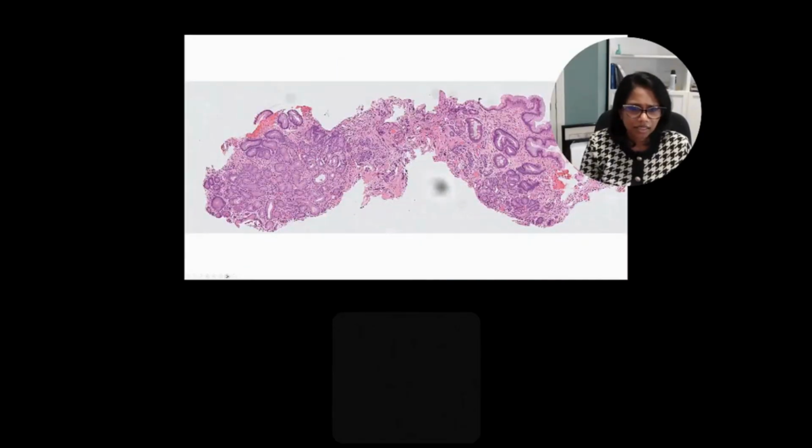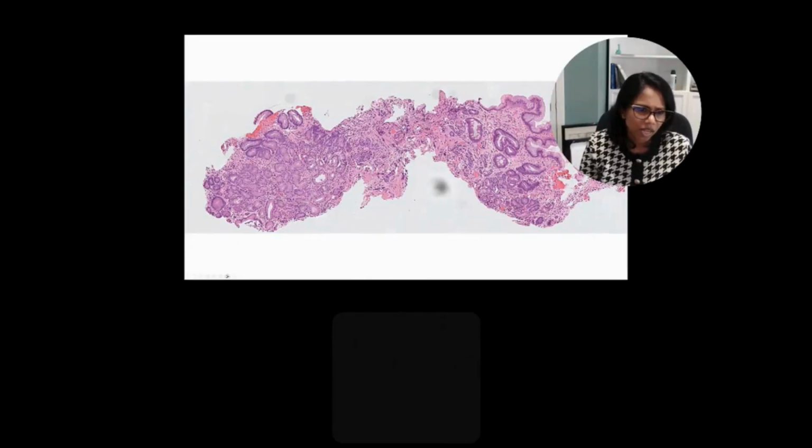This was a case that I literally signed out 2 days ago, and then I put it in my presentation at the last minute. I just liked it because, do you see that the neuroendocrine tumor, this is already a very superficial biopsy, but everyone will pick this up obviously, but you just don't want to miss it because it can be quite subtle, where you have these little nests and trabecular, cord-like nests of neuroendocrine cells, which is part of a larger neuroendocrine tumor here, showing a spectrum of changes associated with atrophic gastritis.